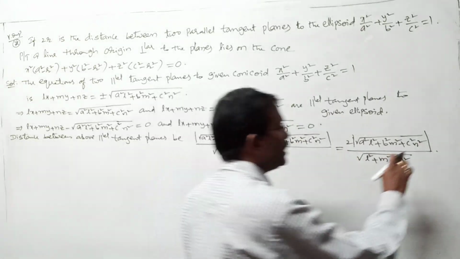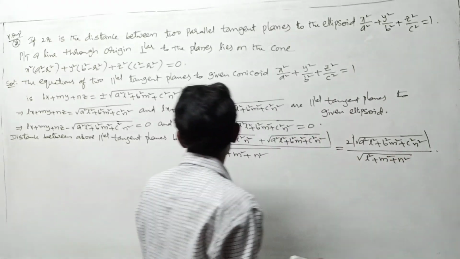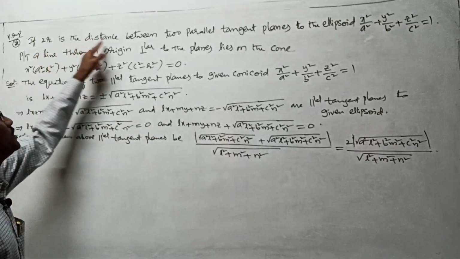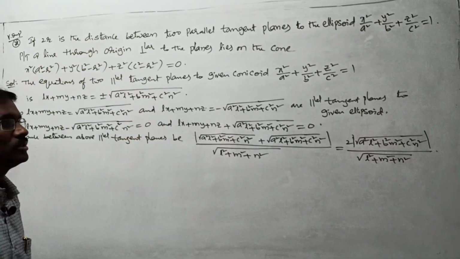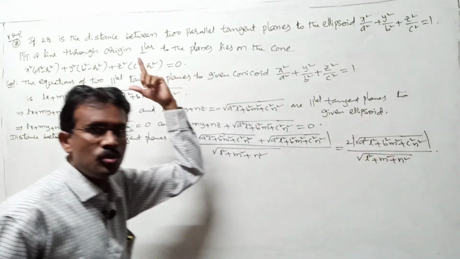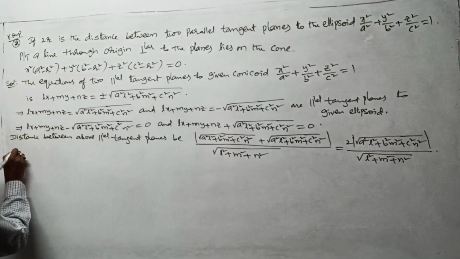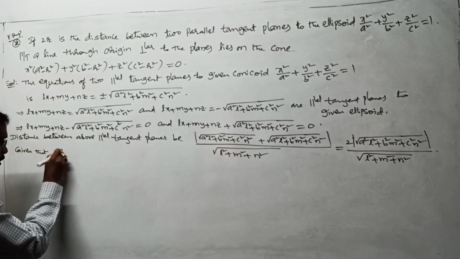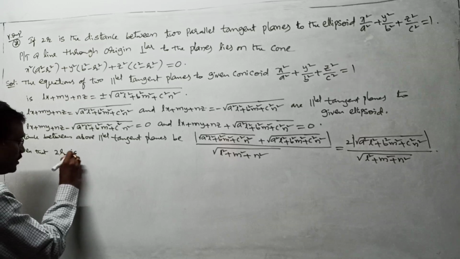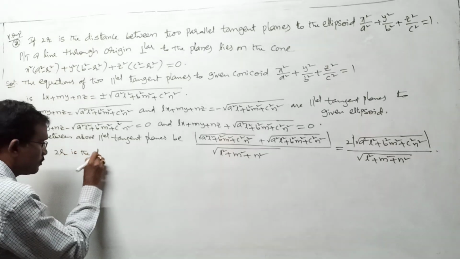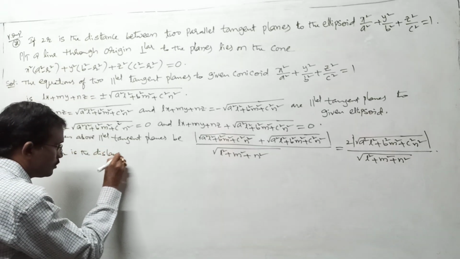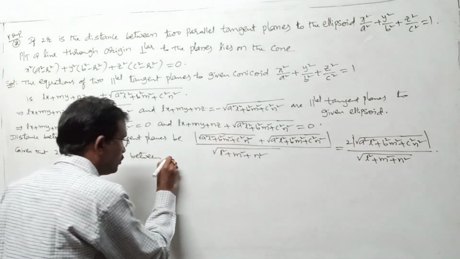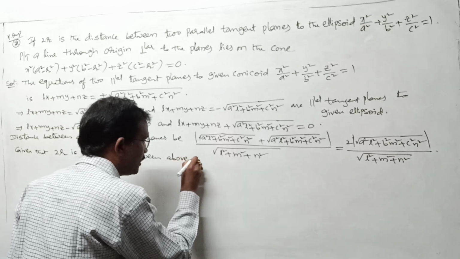This is the perpendicular distance between these two parallel planes. But in the statement they gave that 2r is the distance between the two planes, so this should equal 2r. That I am proceeding with here. Given that 2r is the distance between the above parallel planes.